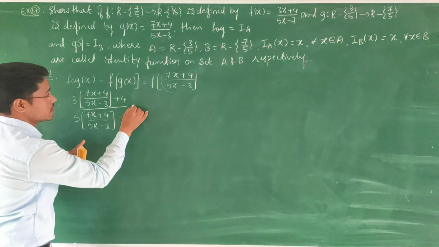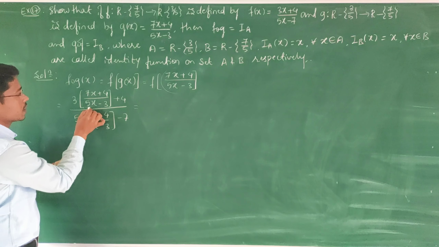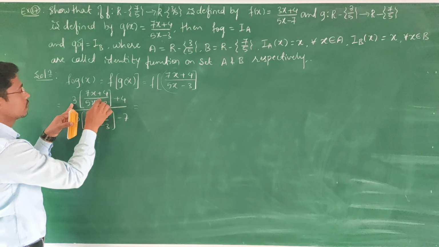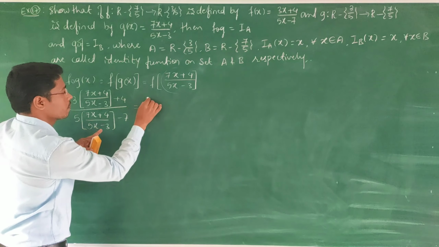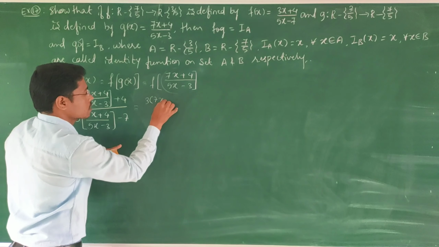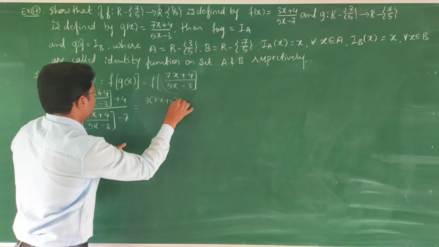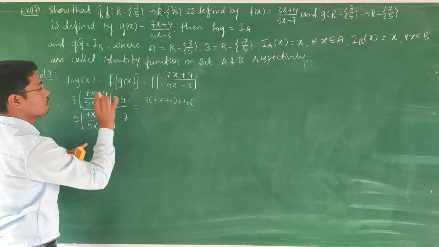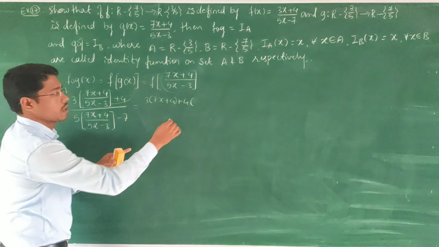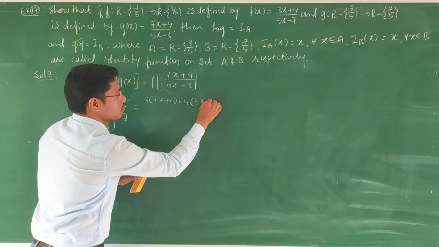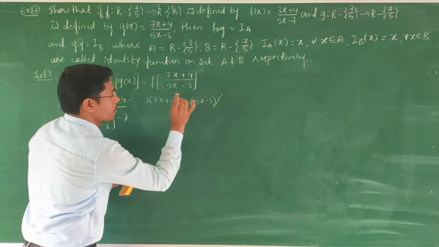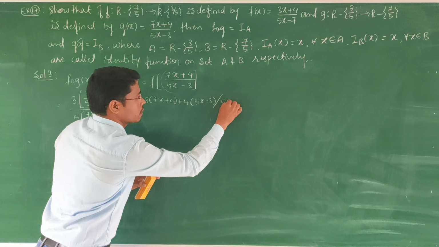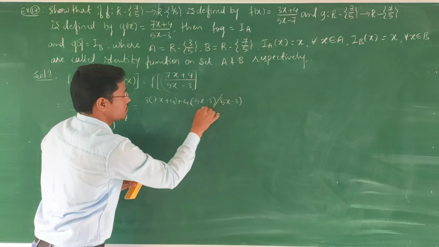Taking the LCM in the numerator and denominator, the numerator becomes 3(7x + 4) + 4(5x - 3), whole divided by (5x - 3).